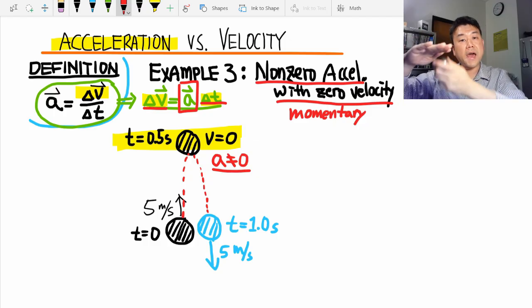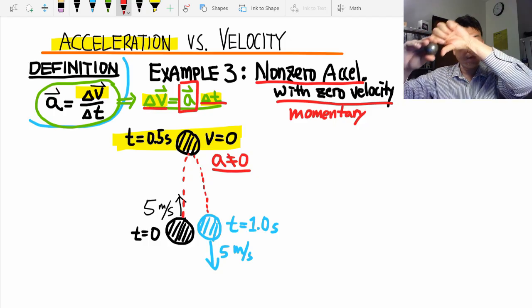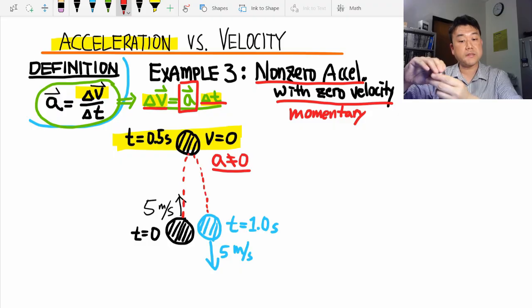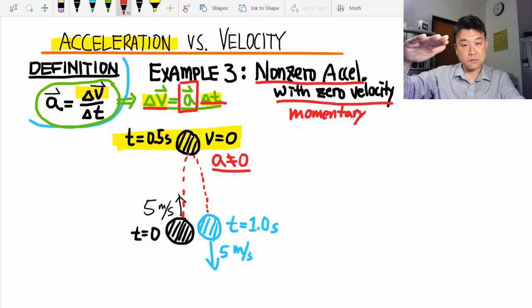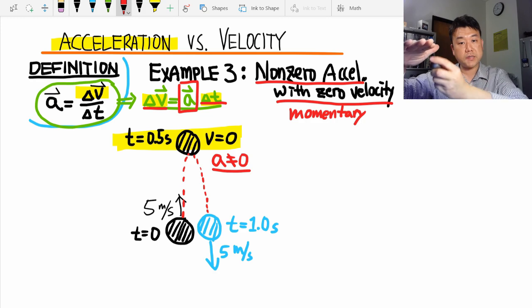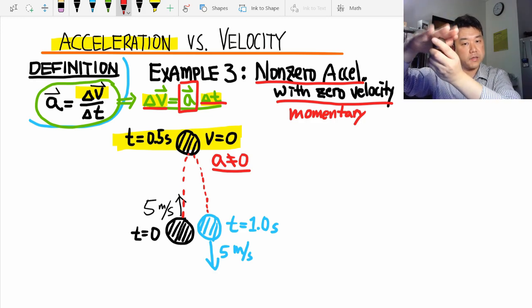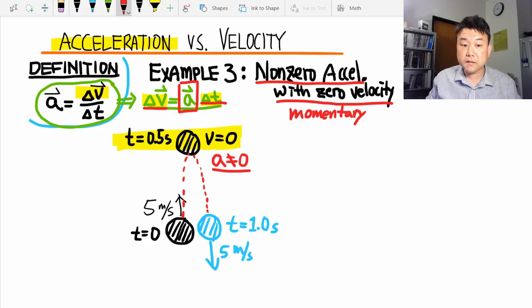And the moment after reaching the top, the ball will be moving downward, so it has a negative velocity. So because of that continuous change in velocity, I know even at the very top, the velocity is still changing. And because this velocity is changing, that means acceleration is not 0 at the top.